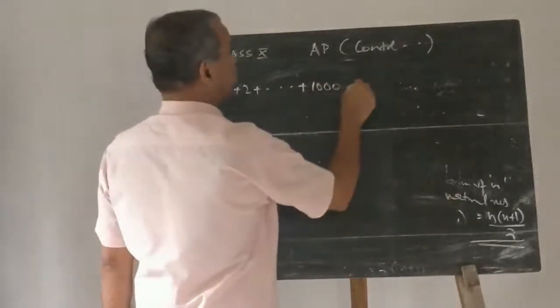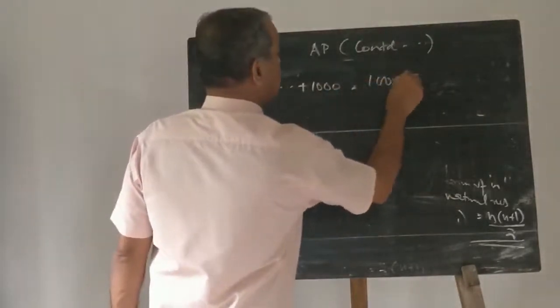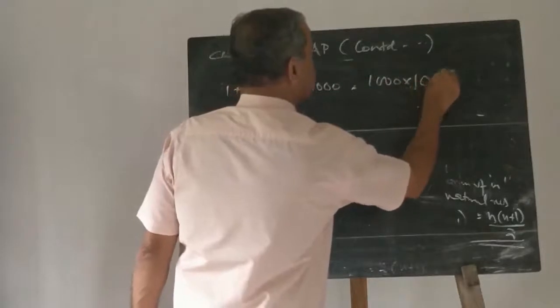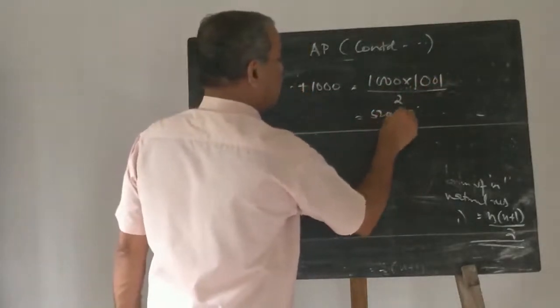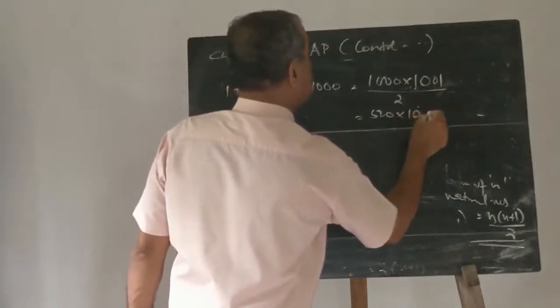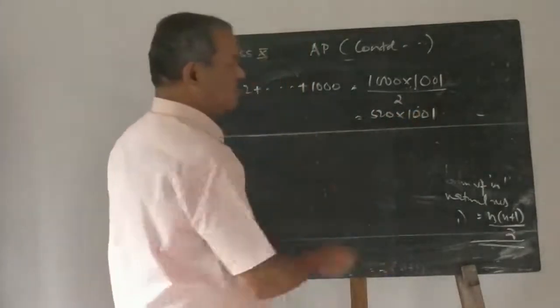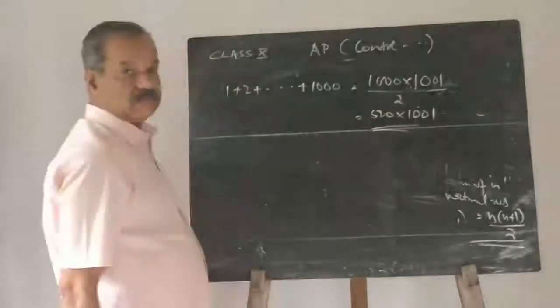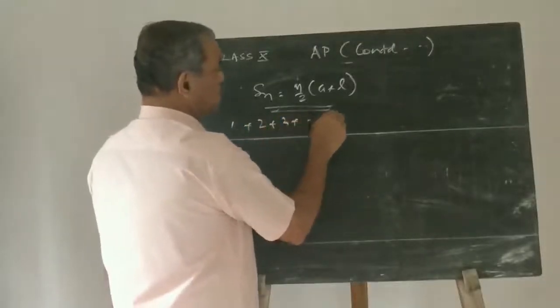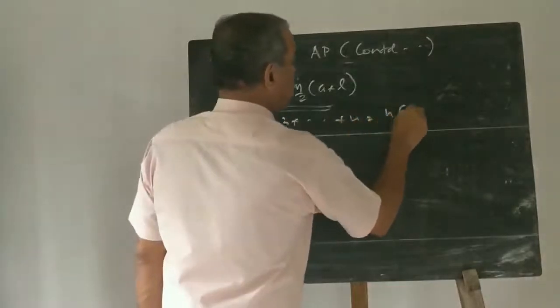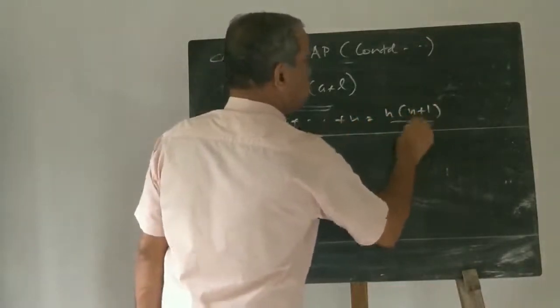Using this idea, it is 1000 into (1000 plus 1) by 2, equal to 500 into 1001. That is the sum. So 1 plus 2 plus 3 plus etc. plus n equals n into (n plus 1) by 2.